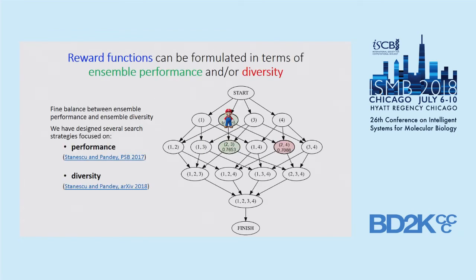So we have to formulate this reward function in terms of ensemble performance, which is pure predictive power of the models, or diversity. So it's very well known that to reach a good predictive ensemble, the constituent models need to have good prediction performance, but also diversity, right? It's a very fine balance, and it's not clear how to reach that.